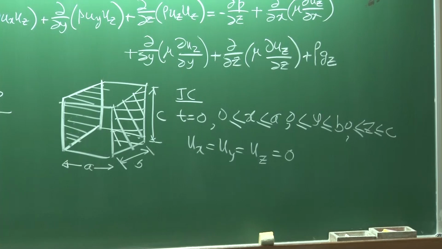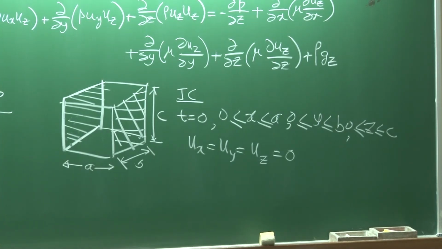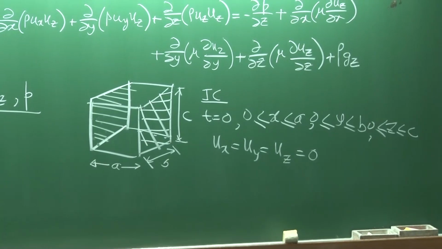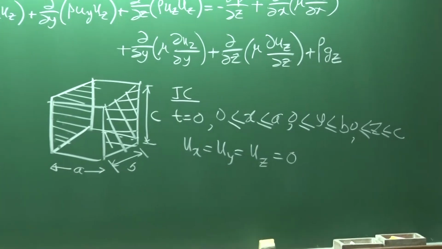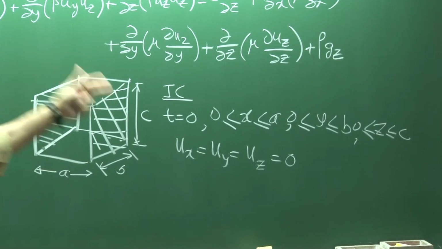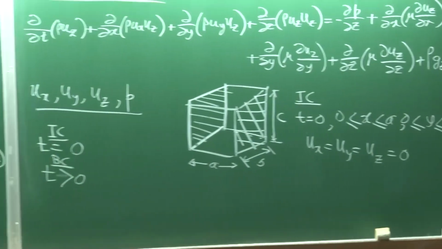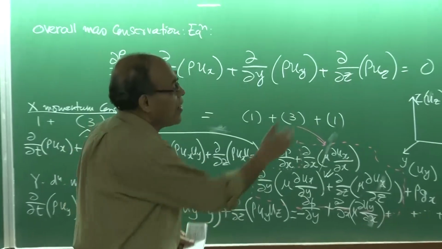It need not be 0. If there is a velocity, my requirement is that you must know that velocity to get what would be the flow in the system at time t greater than 0. That is the task basically. So, this initial condition must be given, and that is represented.